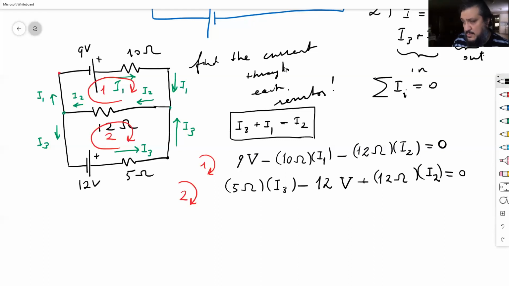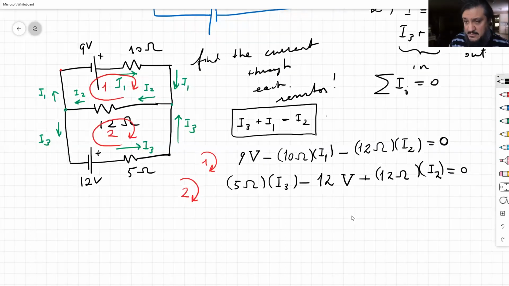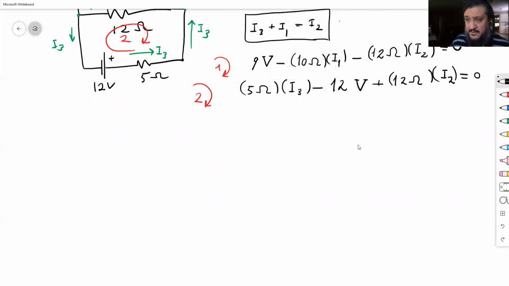So 1, 2, 3 equations. Just solve them for I1, I2, and I3. I'm not going to do it here, but I think it's straightforward. So going back to that example, the difficult one, let's try to do that.